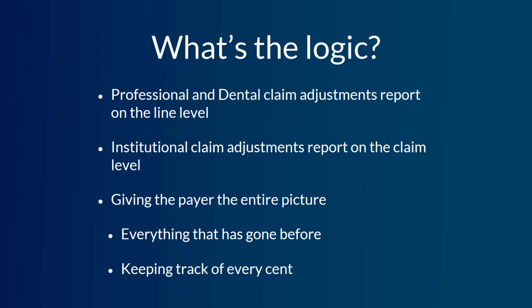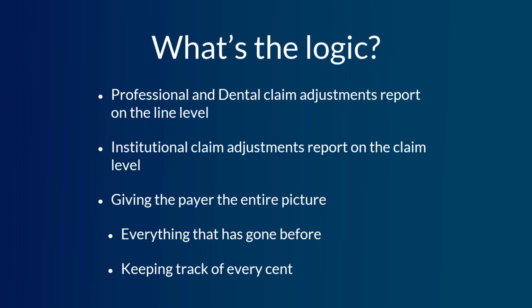Was there a charge in the initial bill that is not mentioned in some form on the coordination of benefits? That could be a problem. Is there a payment from the primary payer or a non-payment from the primary that was not mentioned on the coordination of benefits claim? That sort of thing is giving an incomplete picture to the secondary payer, which means that they won't be able to process that claim.